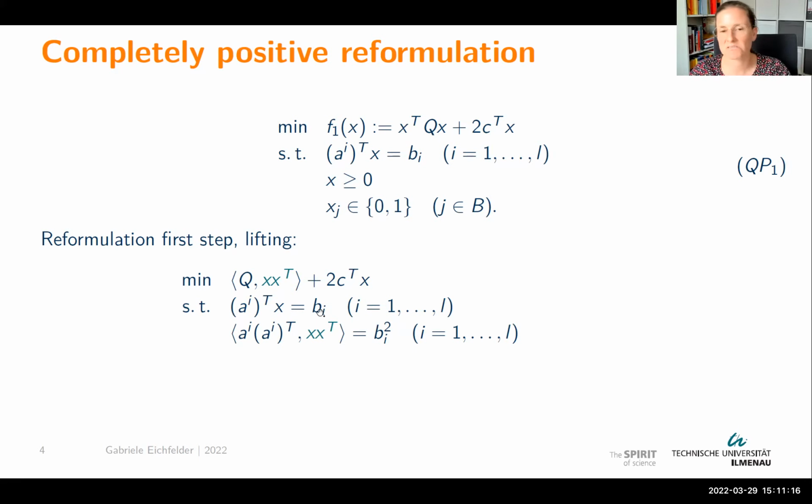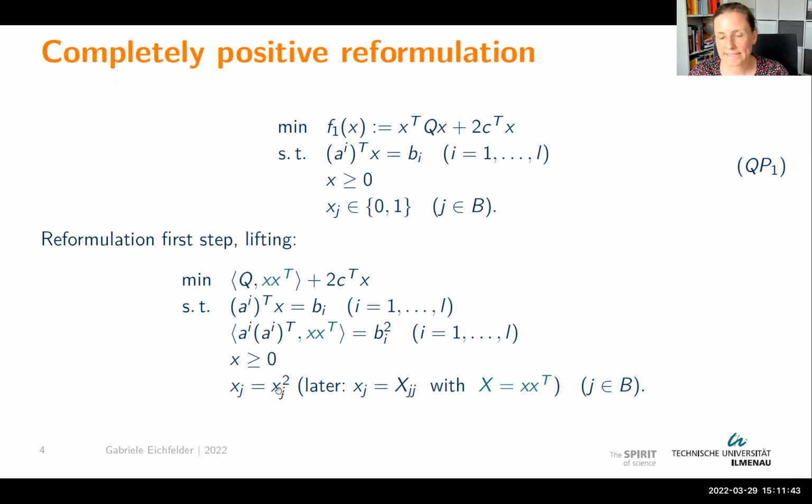But still, it's just copying a redundant equality constraint. And as I've said, x greater or equal to 0, we have to copy this. And now we have this condition that some of the variables should only be binary. And this can, of course, be expressed in such a form because the solution of this equation is only 0 or 1. And this is the first step. At the moment, it's a full reformulation.